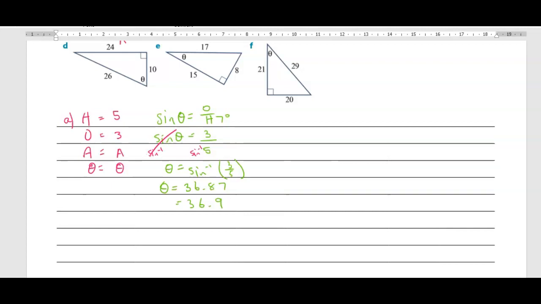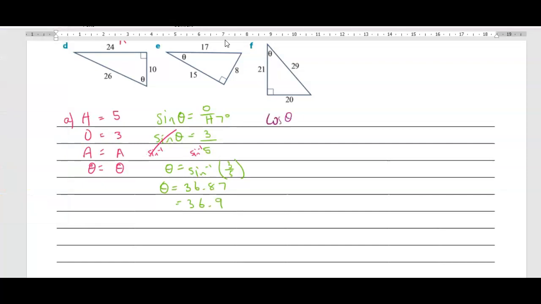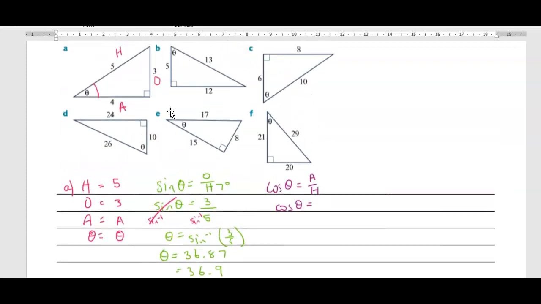Now, I could also use, if I wanted to, cos. This time cos is adjacent over hypotenuse. So your adjacent side, sorry, it should be 4. Your adjacent side is 4, your hypotenuse is 5. So we're going to take inverse cos of both sides.